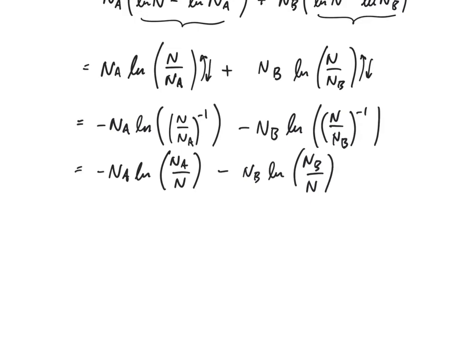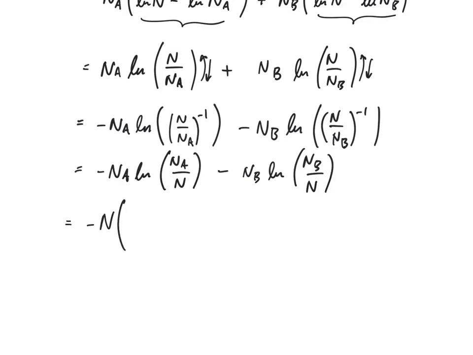And if any step in this process doesn't make sense, go ahead and pause it and give it a try yourself. Okay, the next step's a little tricky, and it involves pulling out a -n out of everything. And so I'm going to write it out, and then you can algebraically verify that it's correct.